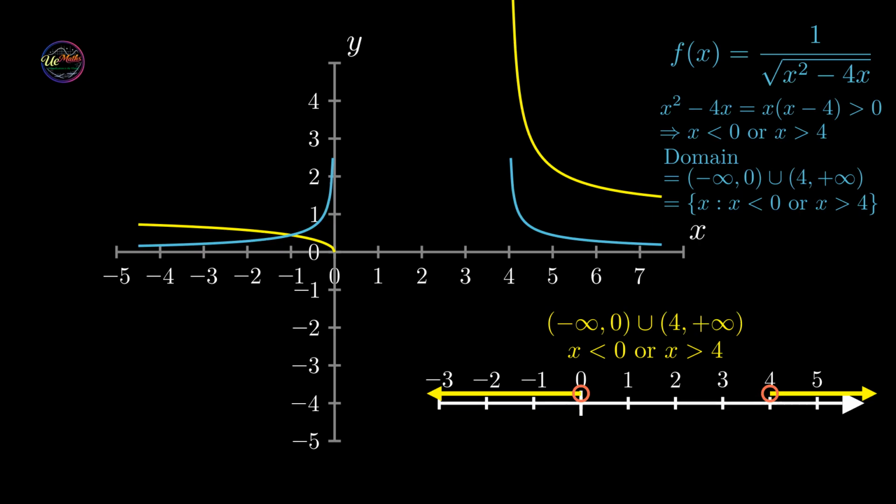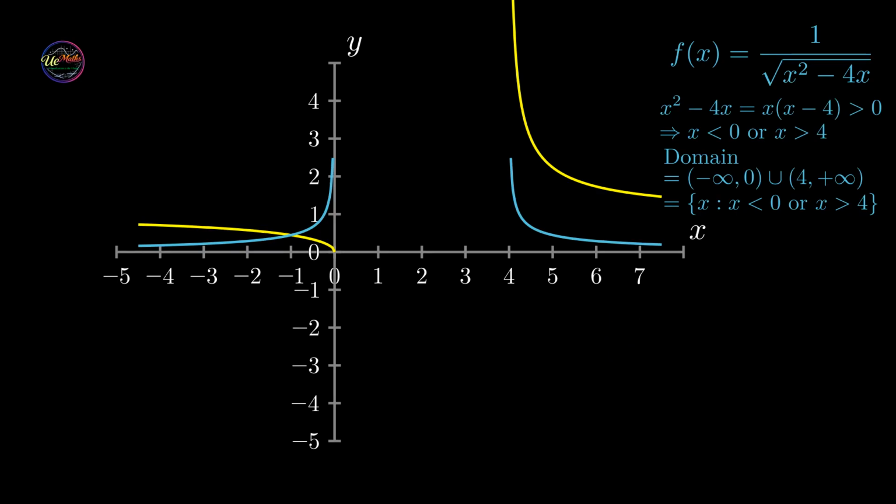This product is strictly positive when both factors are positive, giving x greater than 4, or both are negative, giving x less than 0. At x equals 0 and x equals 4, the product equals 0, making the denominator 0. Not allowed. Therefore the domain is the open interval from negative infinity to 0, union the open interval from 4 to positive infinity.